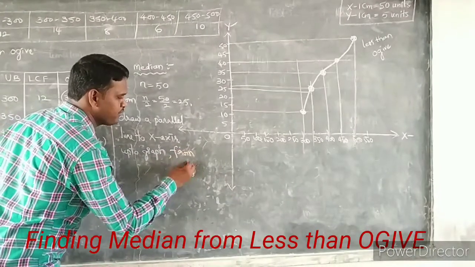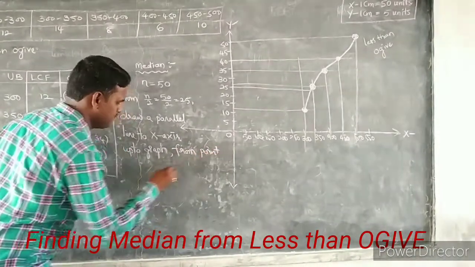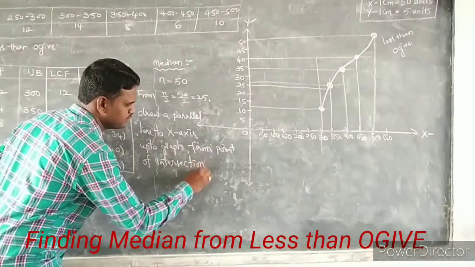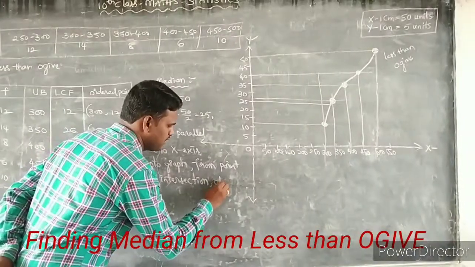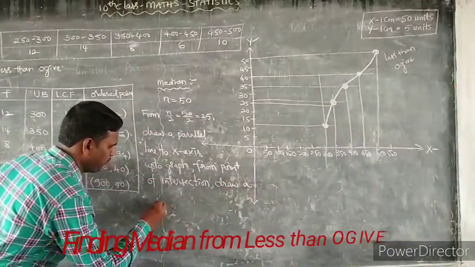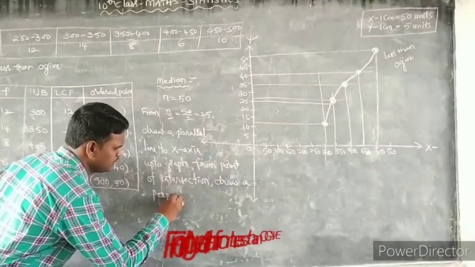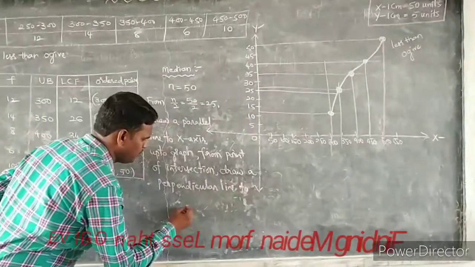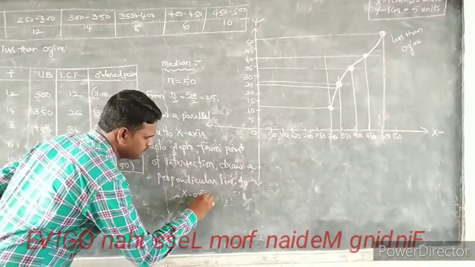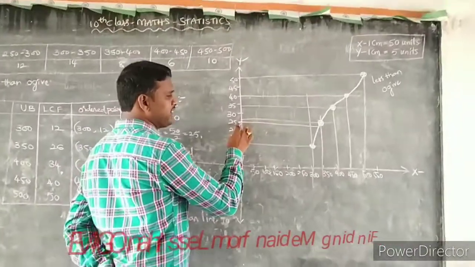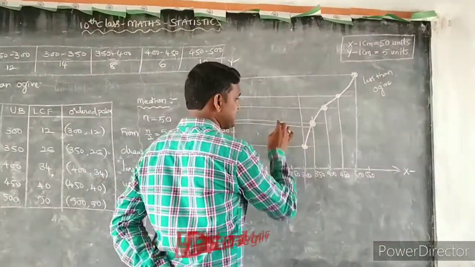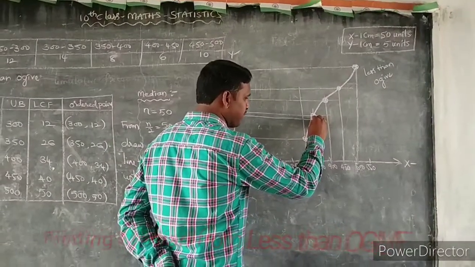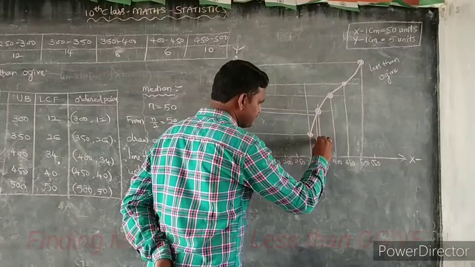Then from the point of intersection, draw a perpendicular line to the x-axis. See here, from 25 we first draw a horizontal line. It will meet the graph at one place. Then from there you draw a perpendicular line to the x-axis.